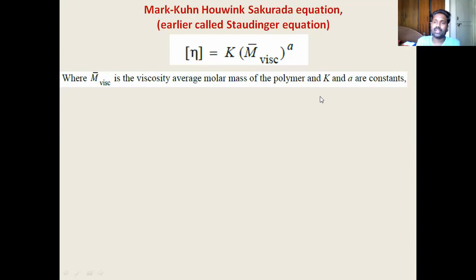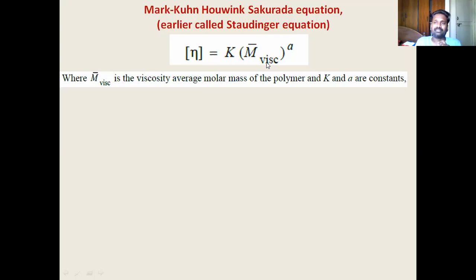Now, the equation appears simple. If you know the intrinsic viscosity of the sample and K and A, you can directly calculate the molecular weight of our polymer sample.